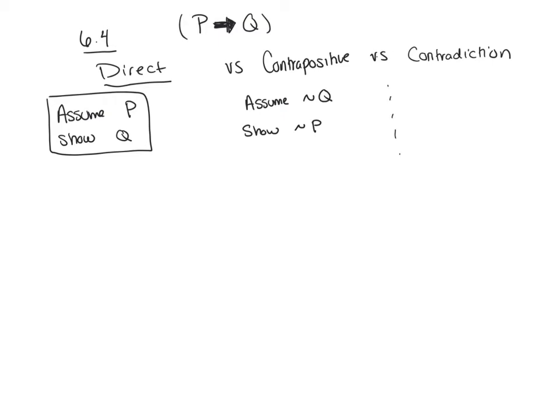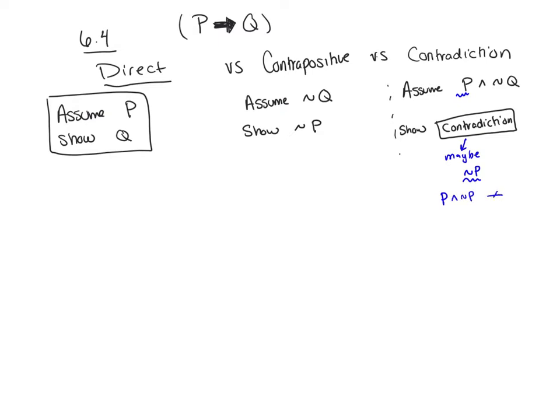But for contradiction, I'm going to assume both P and not Q, and then I want to show some contradiction. Sometimes the contradiction you get is not P, but you already assumed P. So then you're like, oh, P and not P, contradiction, done.